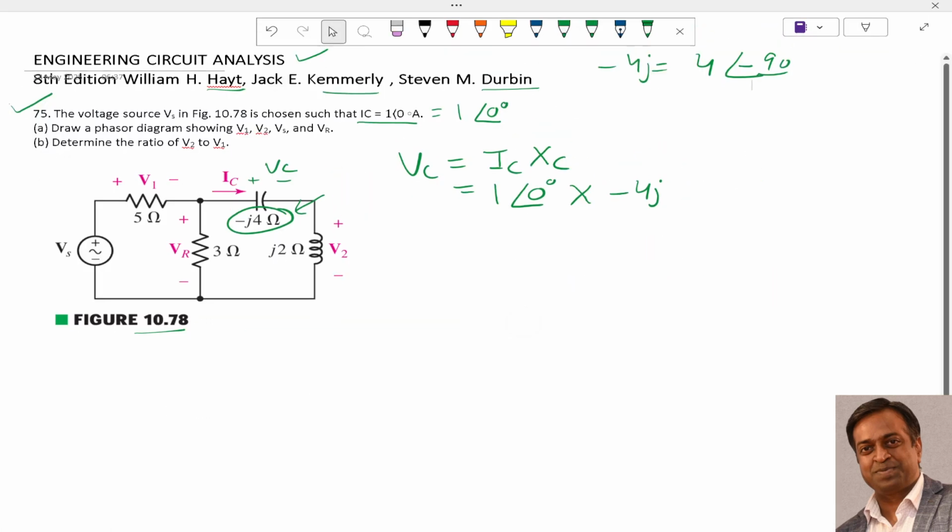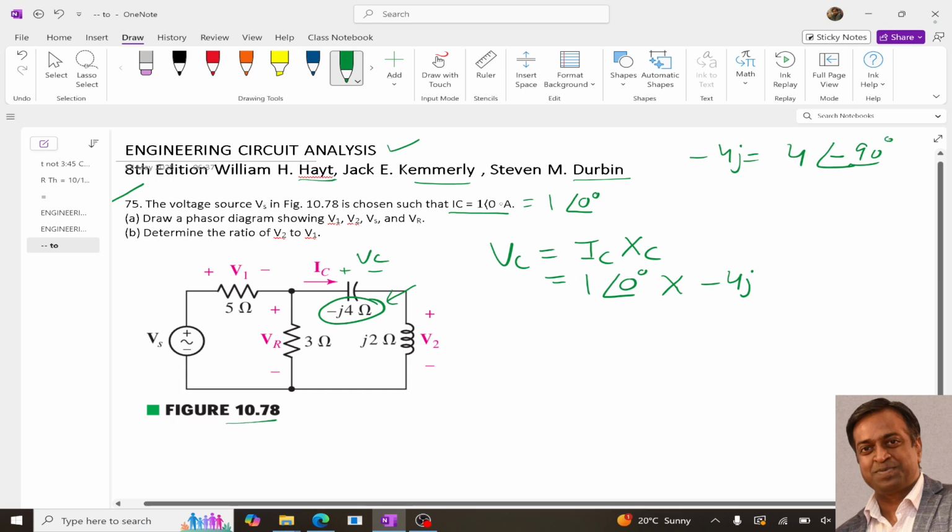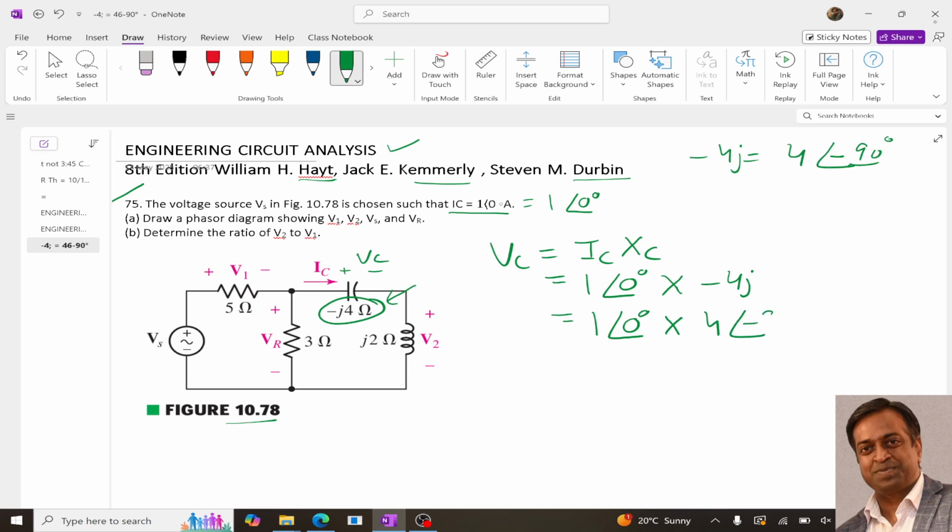Substituting it here, we get VC equals 4 angle minus 90 degree.